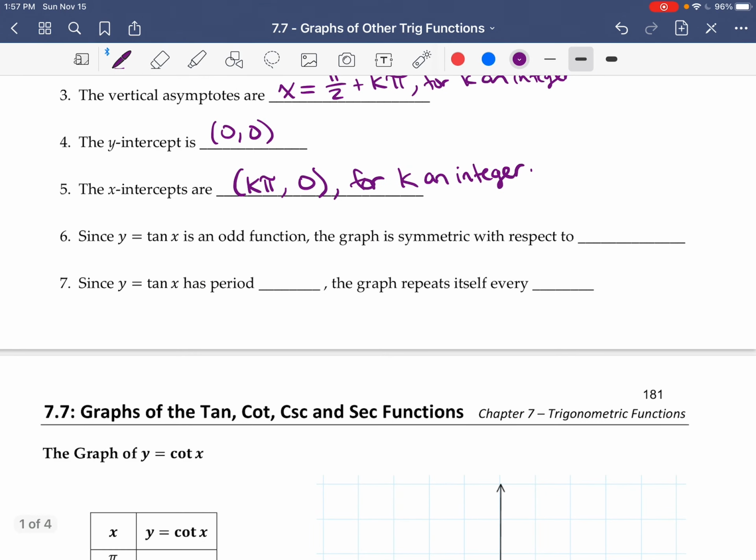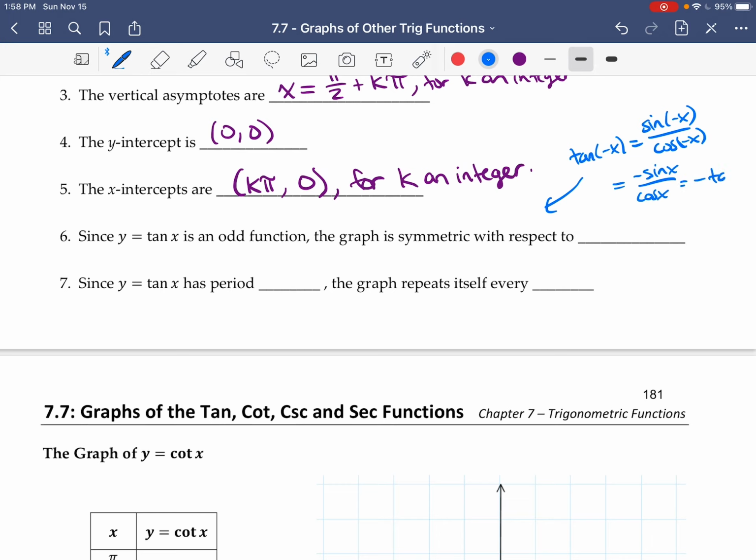Now tan is an odd function. I think we talked about that earlier. Maybe you might not remember, but sine is an odd function and cosine is an even function. So tan of negative x is sine of negative x over cos of negative x. Sine of negative x is negative sine of x, and cos of negative x is just cos of x.